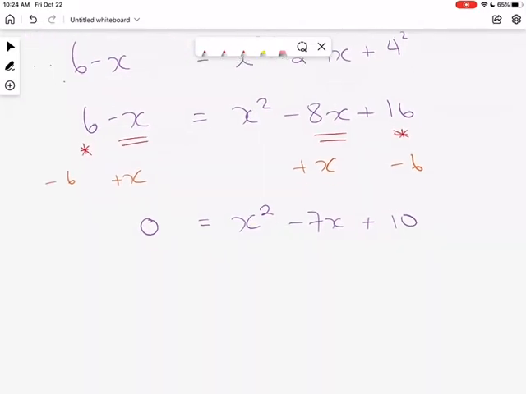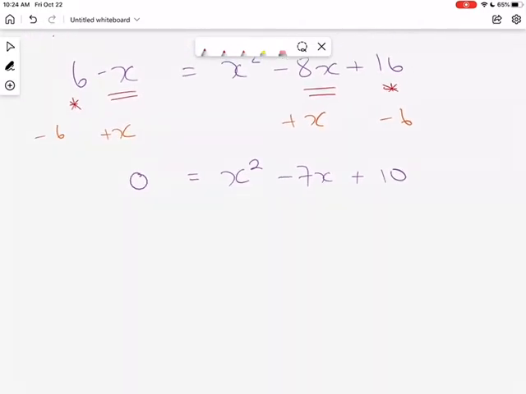And now we have an equation that looks very similar to, again, we're always looking to simplify what we're doing, and we go back to that first video, that intro video that we looked at. So this is something we can solve. I'm looking for 2 numbers that multiply together to give me positive 10 and add together to give me negative 7.